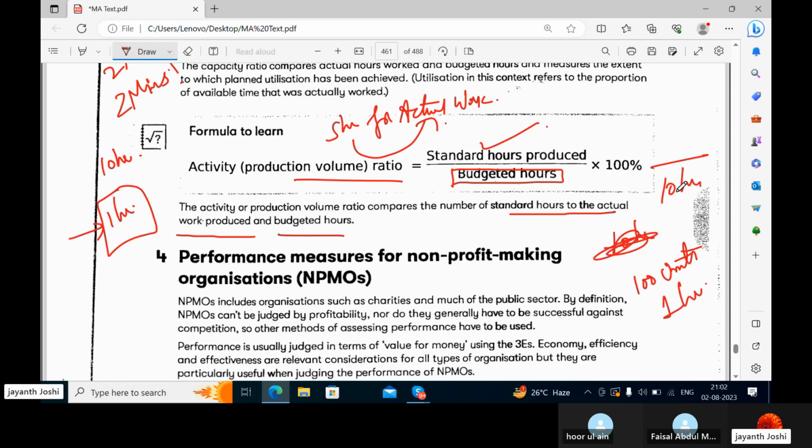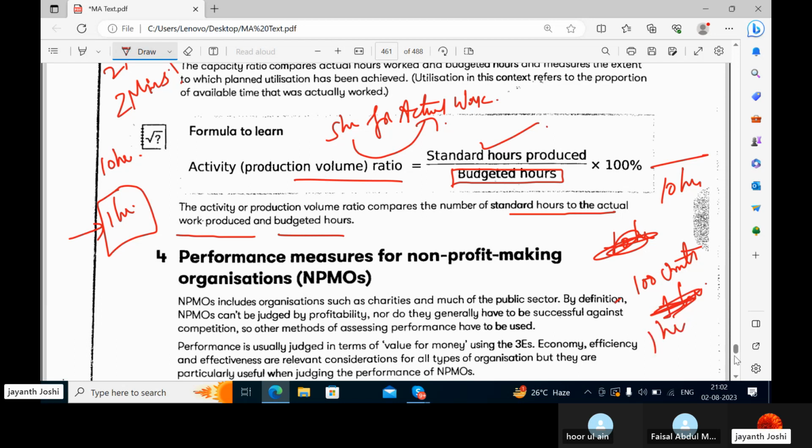Now please understand what I'm saying. What we have estimated is for making 100 units, it takes 1 hour.